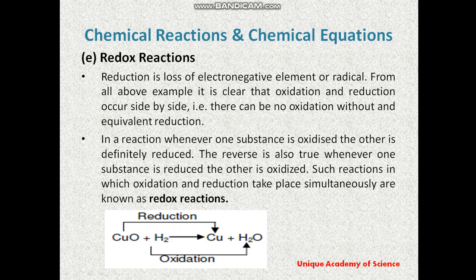For example, CuO, copper oxide, reacts with H2. Here you can see how oxidation is performed: oxygen is added to the hydrogen gas and makes water, so it is known as oxidation.